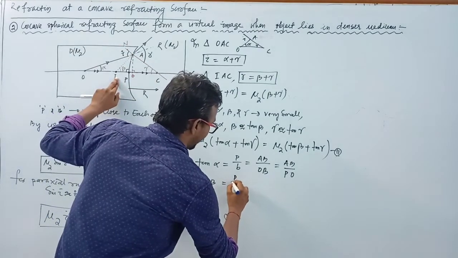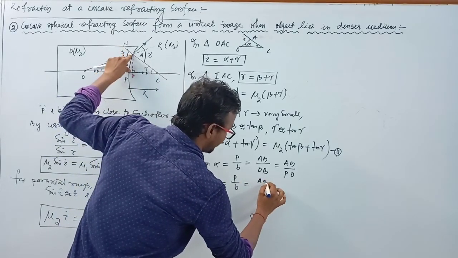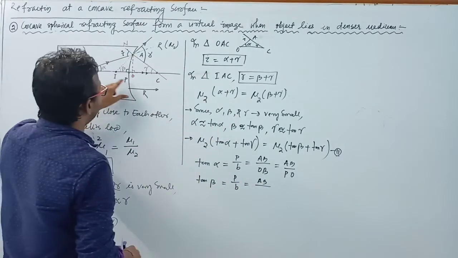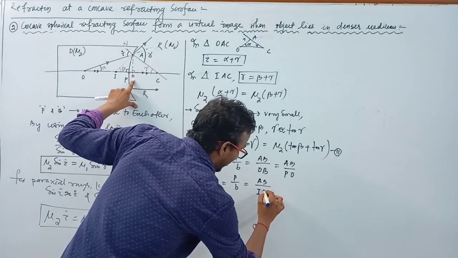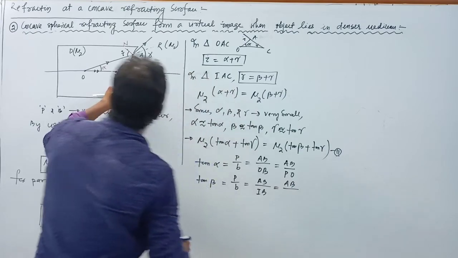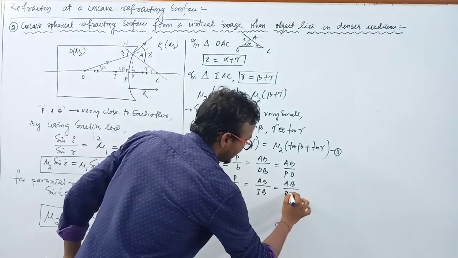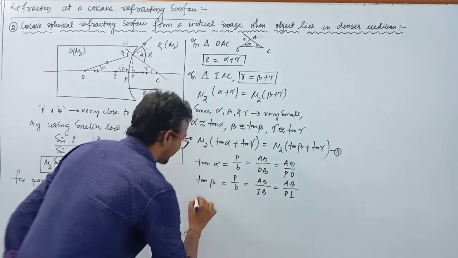So perpendicular by base equals AB divided by the base IB, and we can replace B in terms of P, and we can write IP or PI. So this relation can be written as PI.